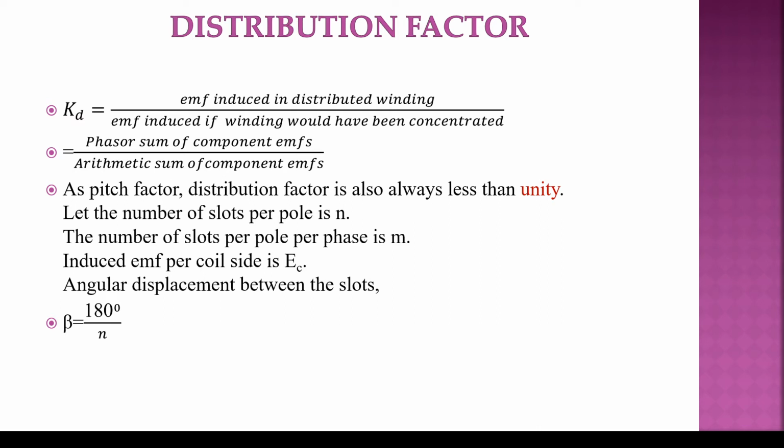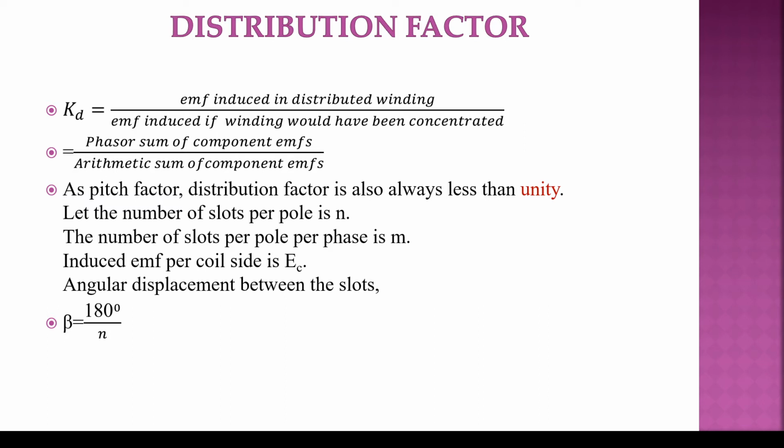So we are comparing the EMF for distributed and for concentrated, dividing these two EMFs and getting the value of the distribution factor. So KD is equal to the phasor sum of component EMFs divided by the arithmetic sum of component EMFs. The distribution factor is also less than unity, as is the case with the pitch factor.